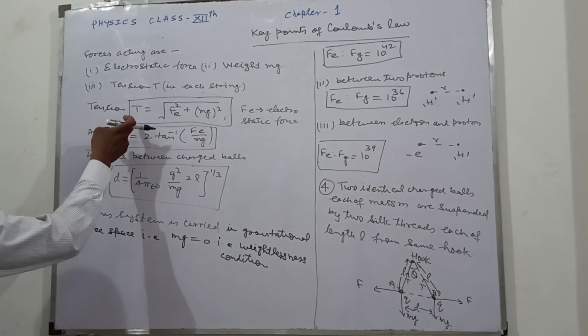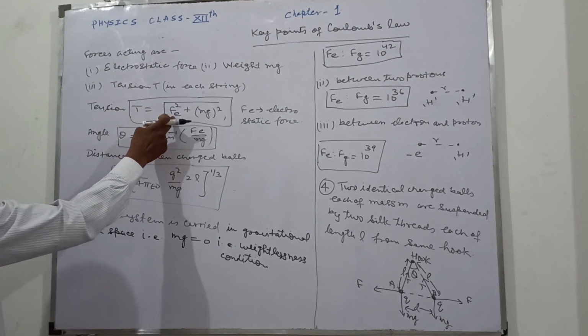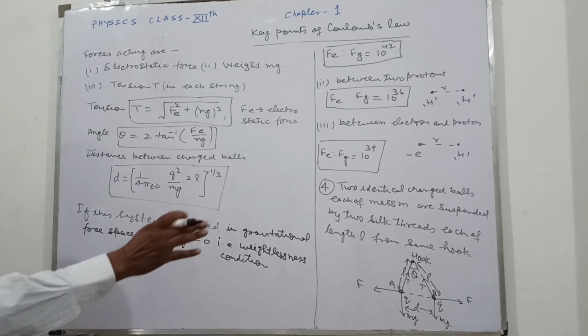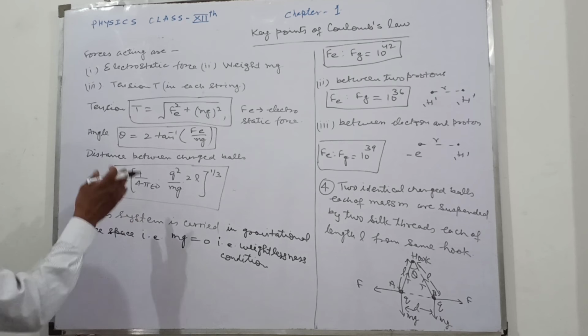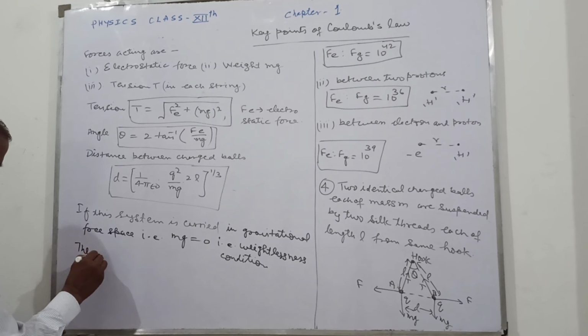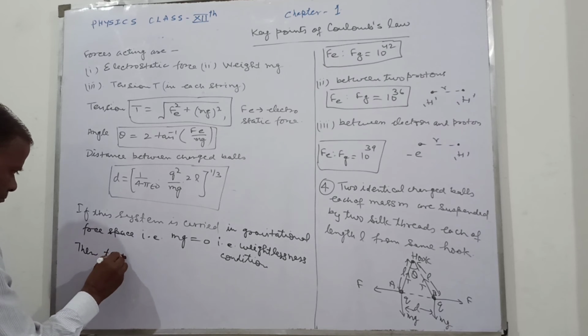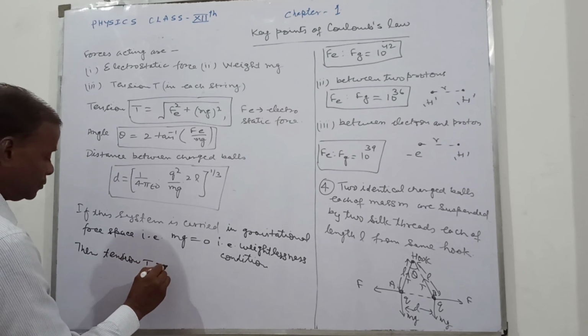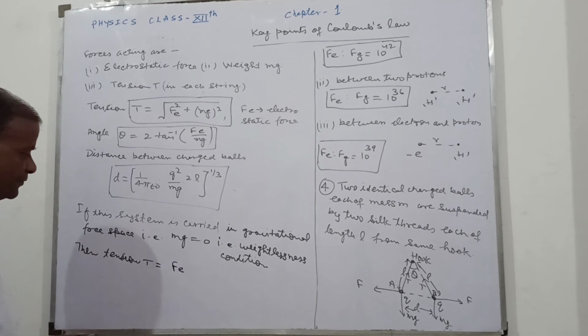Then you can see that T will be equal to Fe. So the tension in the strings will be equal to the electrostatic force. Then tension T equals only this Fe.